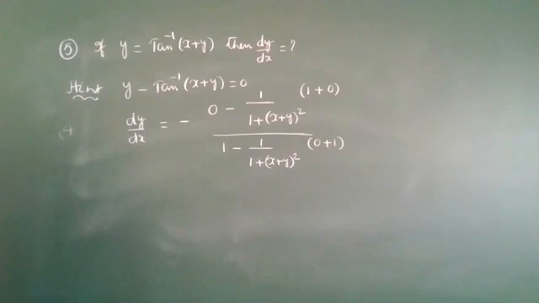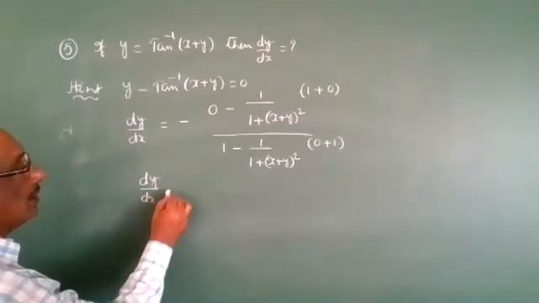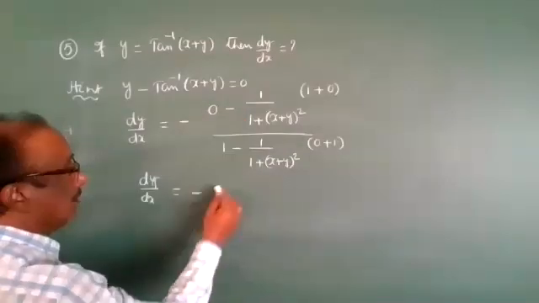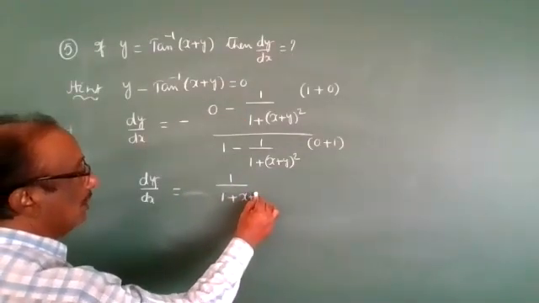Right, write down the simplification, everyone. dy by dx is equal to minus of, minus is a plus, 1 by 1 plus (x plus y) whole square.